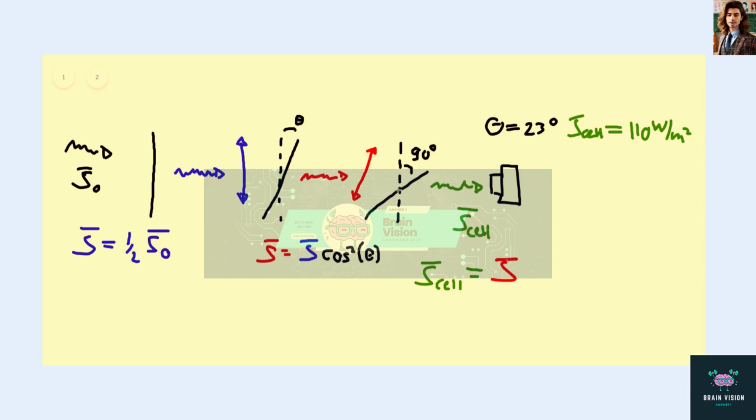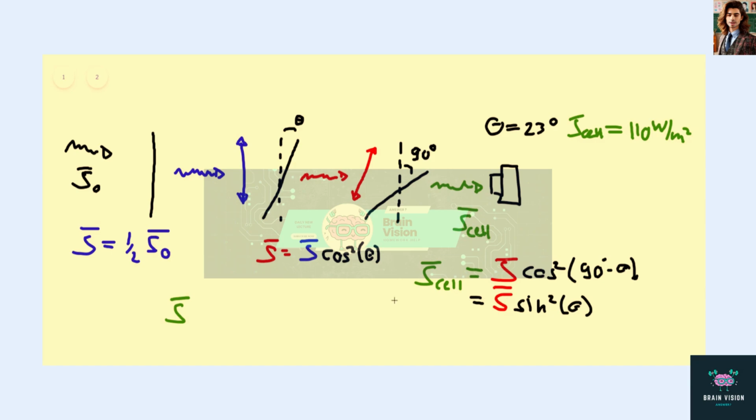You can write that as cosine squared of 90 degrees minus theta, or as S bar times sine squared of theta. These are completely equivalent.